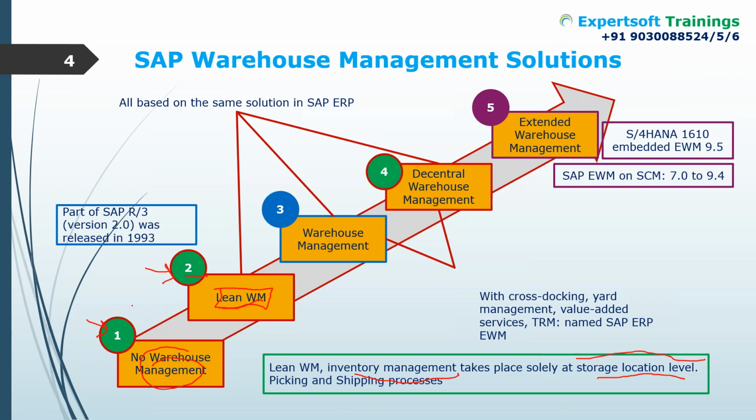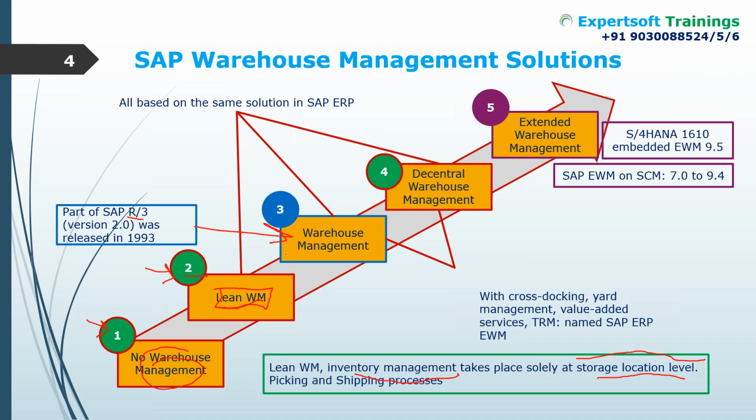Now, after that, in 1993, SAP released R/3 version 2. At that time they released SAP WM. SAP WM was a dedicated warehouse management solution where you shifted your inventory management from storage location level to the bin level. So you have a separate organizational structure for your warehouse: under the storage location, you create a warehouse, storage type, storage section, and bin.